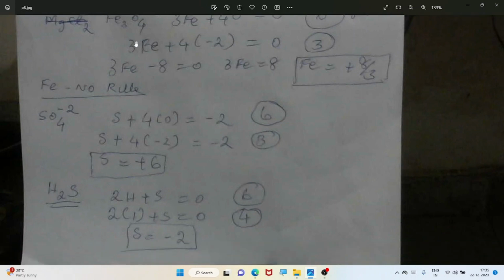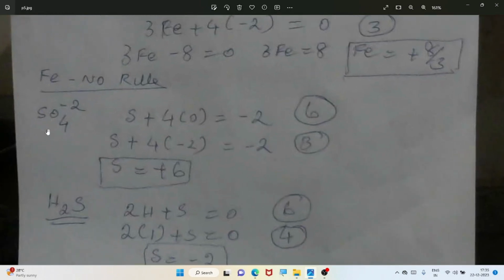Because there is no rule for Fe, we found it this way. Now in SO4 2 minus, the net charge is negative 2, S plus 4O. For sulfur there is no rule, so we find the oxidation number of sulfur using the rule for oxygen, negative 2.